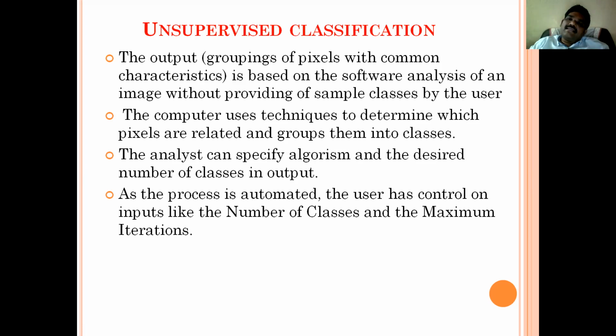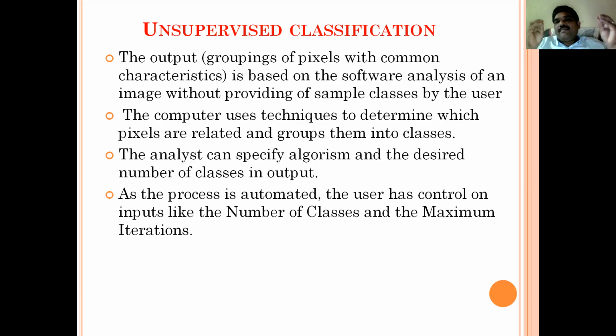And here the analyst has the control, like the number of classes he has to design, and the number of maximum iterations. Iterations, the literal meaning is again and again. What this iteration is, we'll discuss. He has control over the number of classes, what he is expecting.